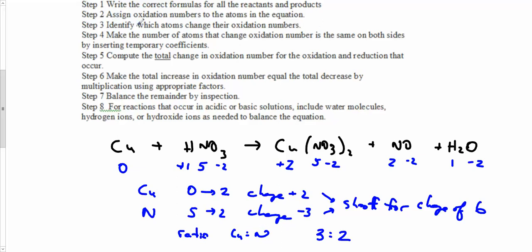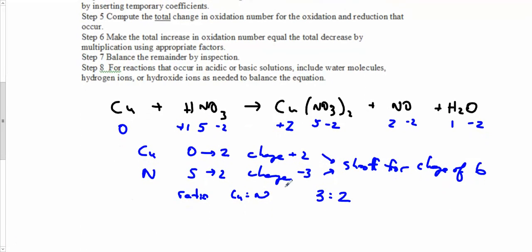Step 3, state the number of atoms. I'm going to do that now. I'm going to put in, I need 3 Cus. I like to leave big gaps here to change numbers.